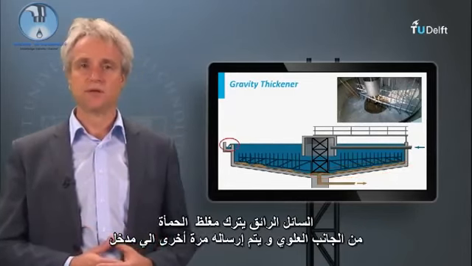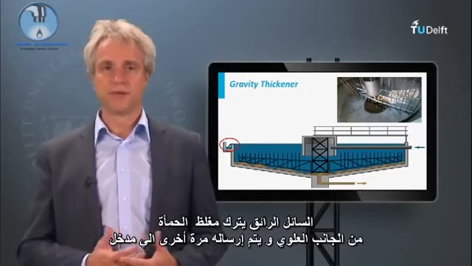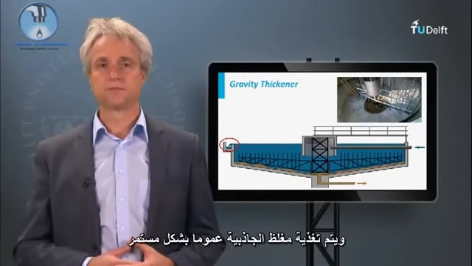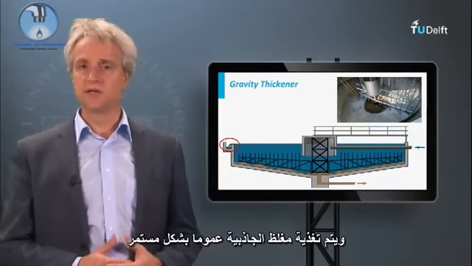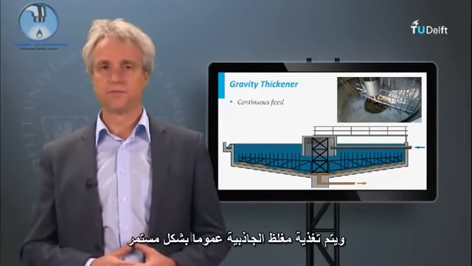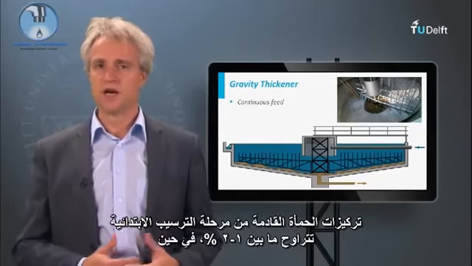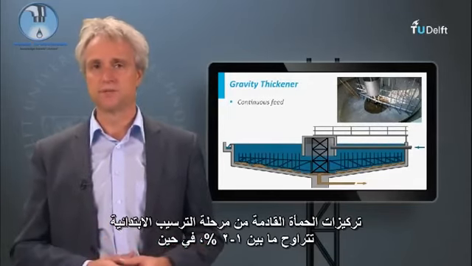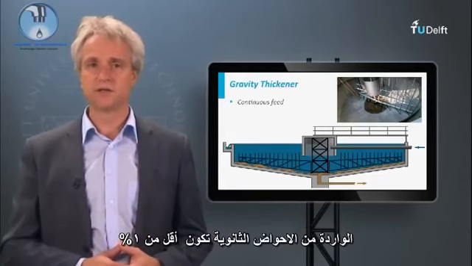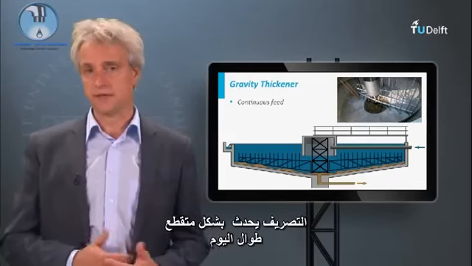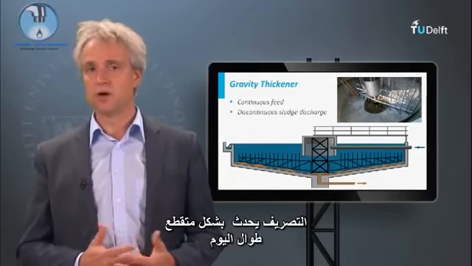The clarified liquid leaves the thickener at the top and is sent back to the headworks of the treatment plant. A gravity thickener is generally continuously fed. Sludge concentrations coming from primary clarifiers are between 1 to 2%, whereas from secondary clarifiers these are less than 1%. The discharge takes place discontinuously throughout the day.